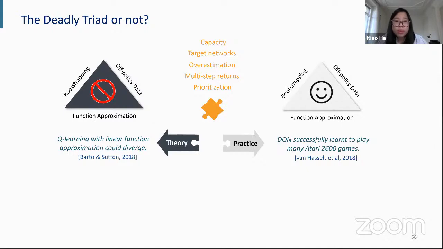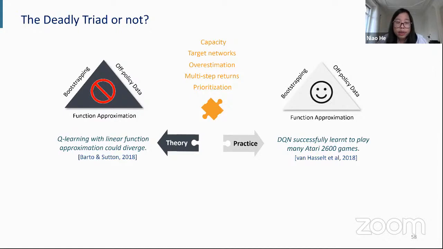Or maybe it's because we use multi-step returns instead of just looking ahead for one step. When you compute the temporal difference target update, instead of looking ahead for just one step, you look ahead for multiple steps. This will also help avoid divergence. Or because we use experience replay, prioritizing the samples and reweighting the samples, and this helps as well.